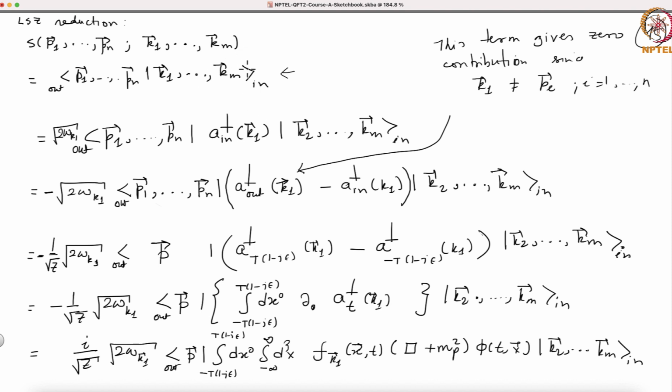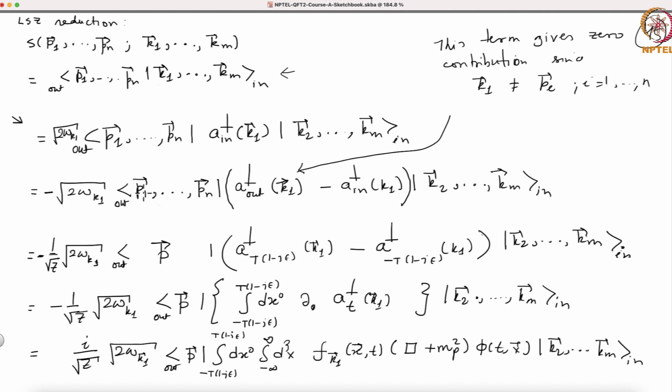And let's look at the algebra that we are doing, so that we can keep track of some factors, and if we make a mistake, we will hopefully catch it. So here in this step, we get a factor of root 2 omega k1 when we get rid of the momentum k1 from the in state. That's coming from normalization, and that k1 gets replaced by a in dagger k1.